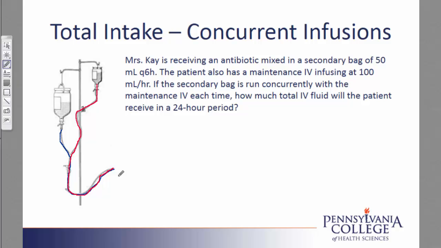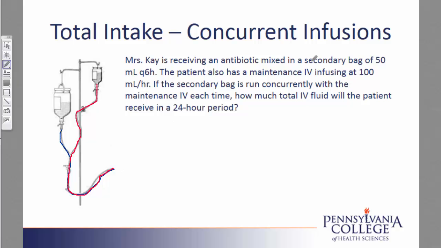When we're dealing with a total intake problem, the focus of the problem is understanding the context. There is some math to do, but even the math is based on the context. I'm going to go through the word problem and underline important details.